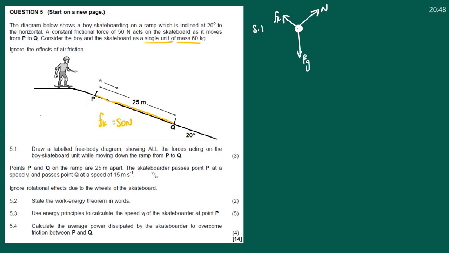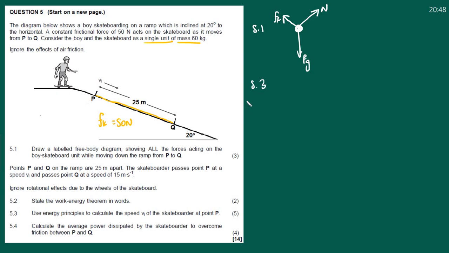I'm hoping you know the definitions, like I said, guys, we need to know these definitions. So the work energy theorem says the net work done on an object is equal to the object's change in kinetic energy.